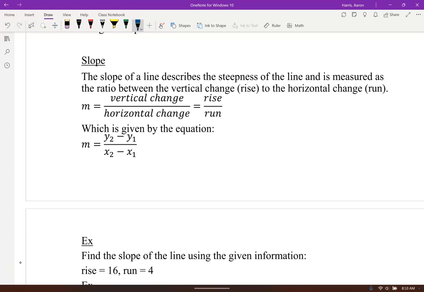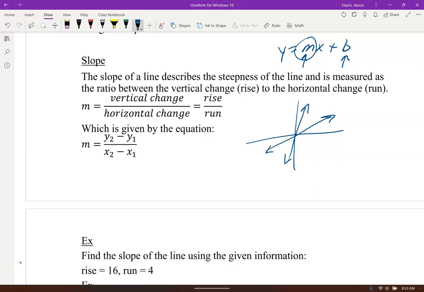Linear equations are anything of the form y equals mx plus b, where m is your slope, b is your y-intercept. And the slope m right here, that is the steepness of the line. So if you have a line, let's say like that, you might have a slope of 7, compared to a line like that might be a slope of 1/3.